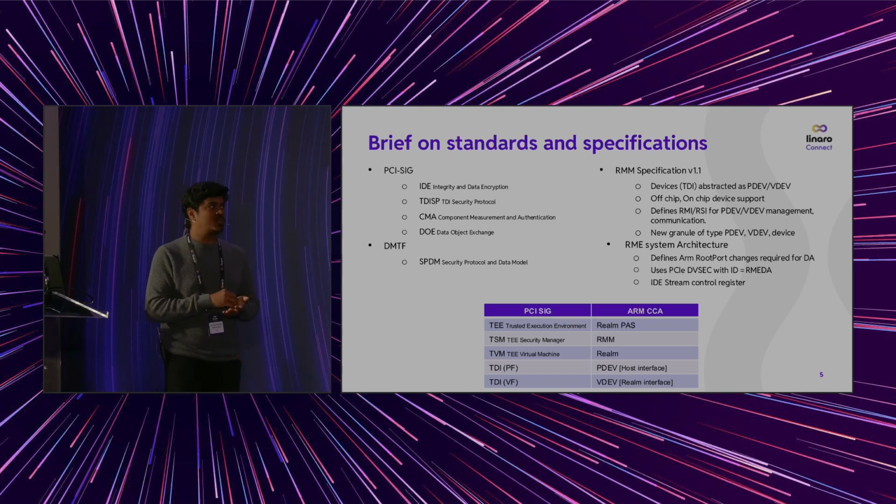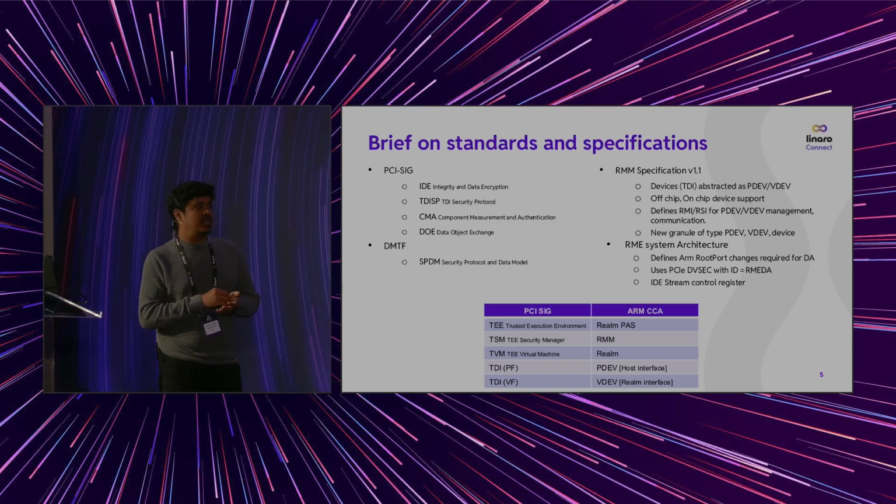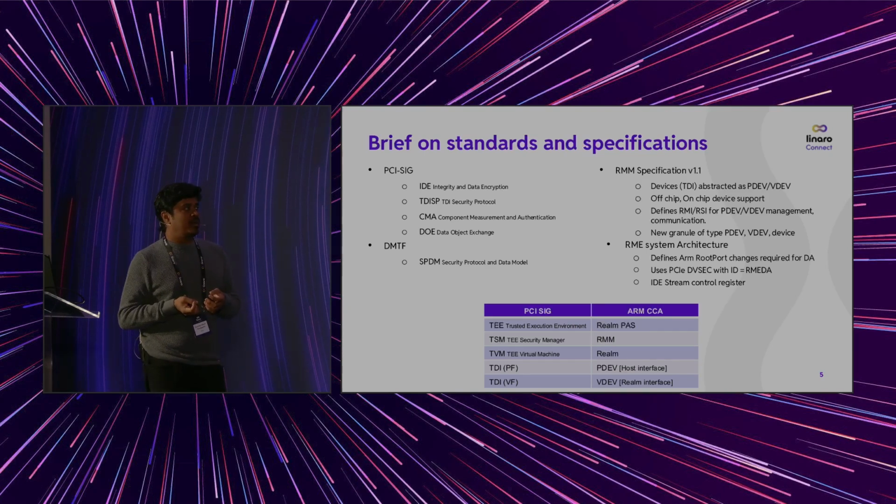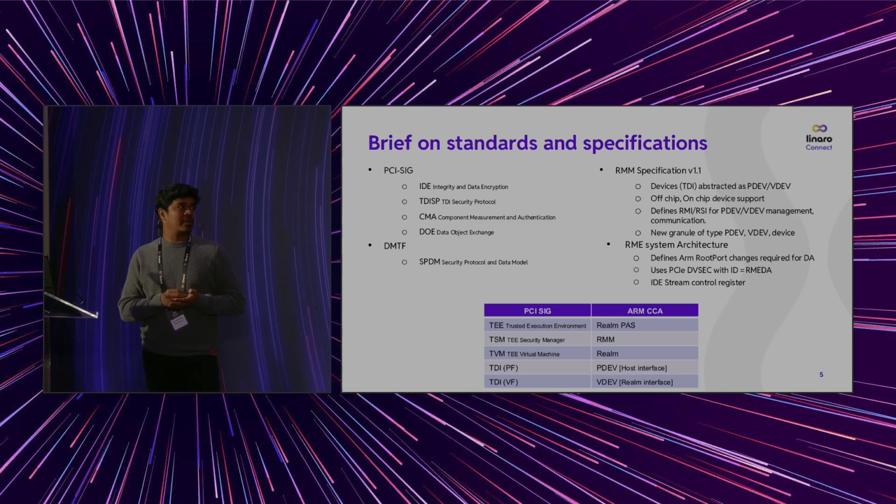It sets up the rules for the TSM, which is the TE Security Manager, and it tells the rules for the DSM, which is the Device Security Manager, which is mostly used in the device manufacturing stage. It provides the rules and regulations on when a device needs to be accepted into the realm TCP, what are the criteria it needs to meet, right?